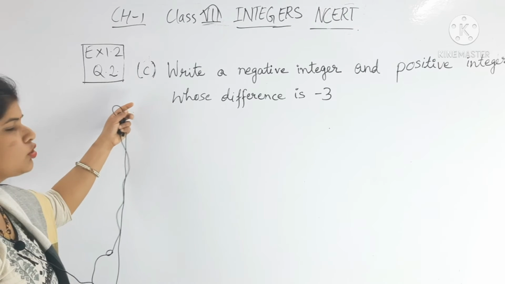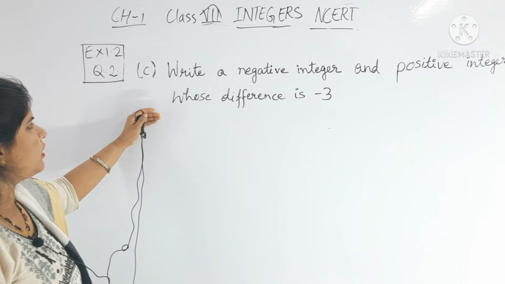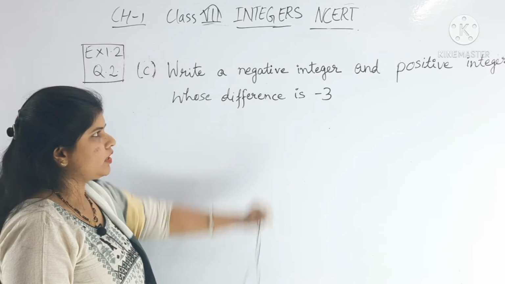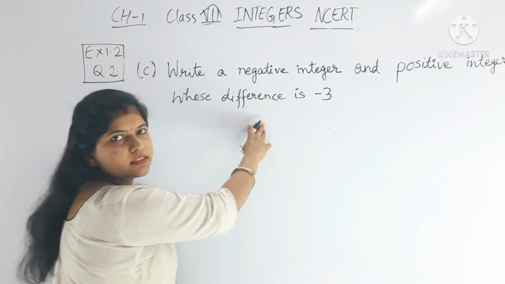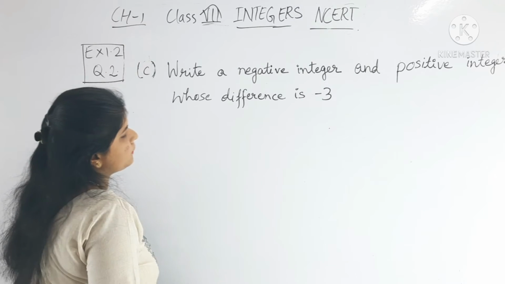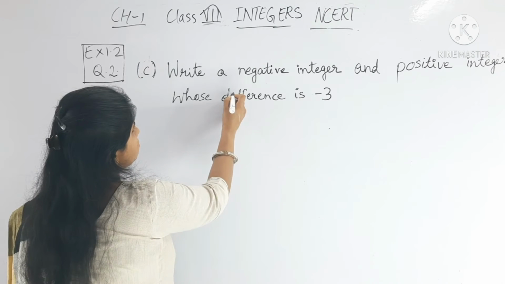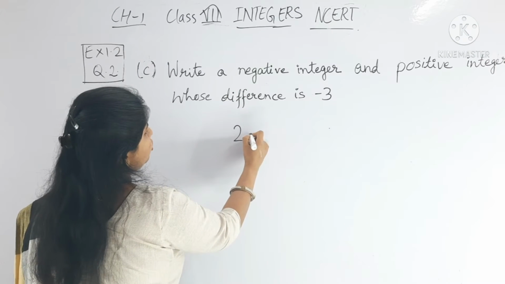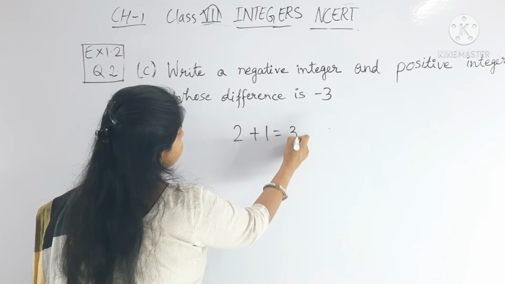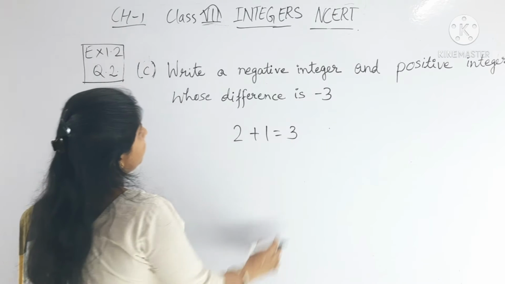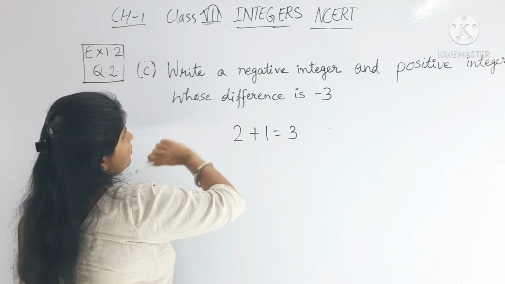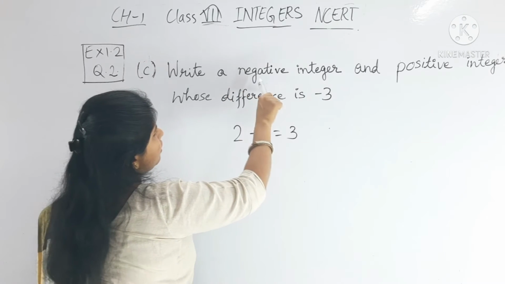Now the next question is part C. What it says, write a negative integer and positive integer whose difference is -3. Okay, so we know that 2 plus 1 is equal to 3. But here, what is the question?